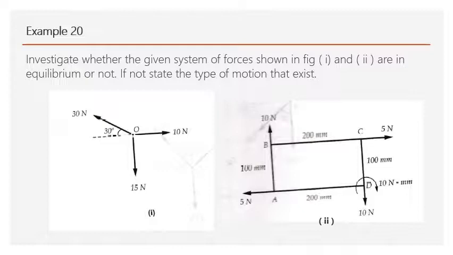If sigma Fx is also 0, sigma Fy is also 0, but the moment is not 0, then the resultant is a couple. So the resultant is not 0. That means the body is not in equilibrium. Only if all the conditions are satisfied can we say the body is in equilibrium.